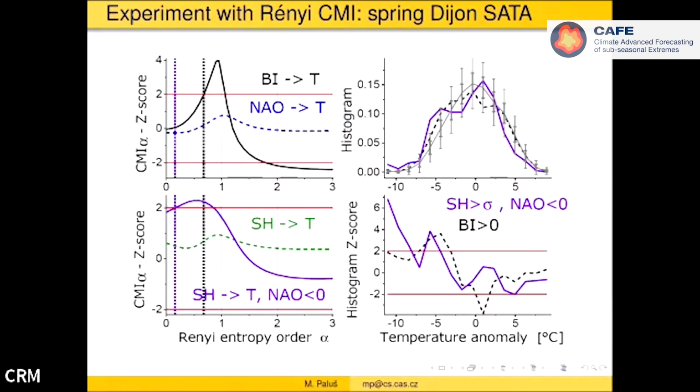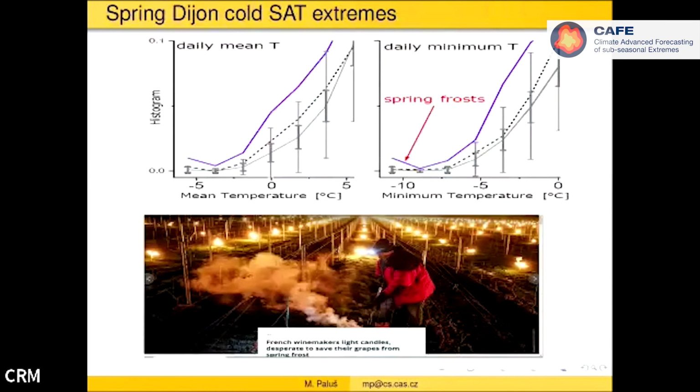And we can see in this conditional histogram that really this condition of Siberian high larger than 1 sigma heavily increases the probability of the left tail. That means of cold extremes in spring. So this is a histogram using anomalies, and to see the real values, here we have daily mean temperatures, and here daily minimum temperatures.